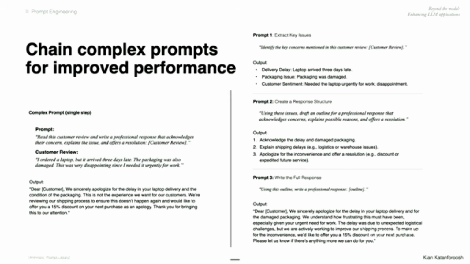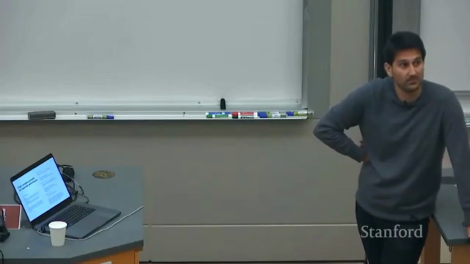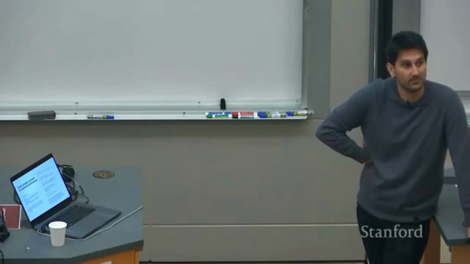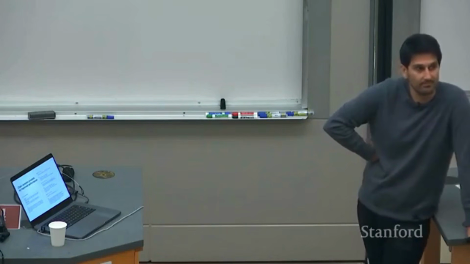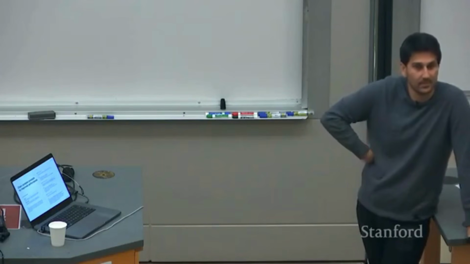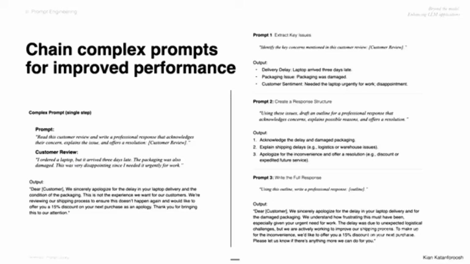Yes? So if we know that the three prompts independently work very well, if we combine them into one prompt and we highlight that step-by-step thinking process, do we on average get the same quality output, or do we still have to do that breakdown? So let me try to rephrase. You say, let's say we look at the first prompt, which has all three tasks built into that prompt.